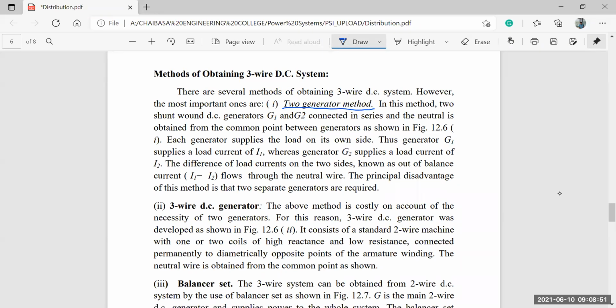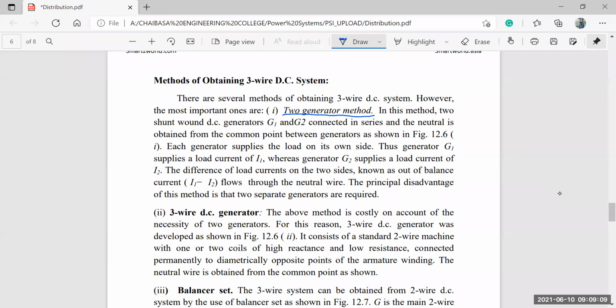In this, what I have shown you is that two generators would be used. Take it as your three-wire system, where one generator and another generator would be there, right?